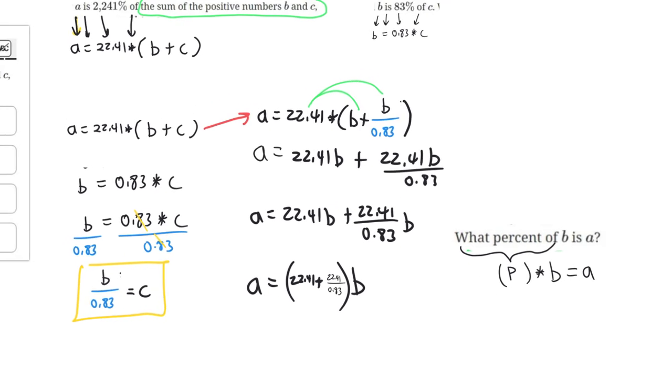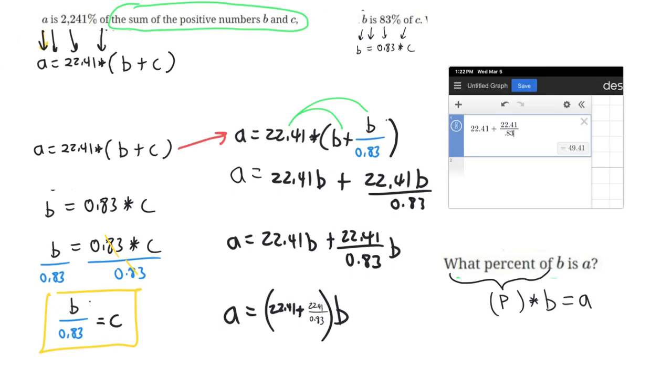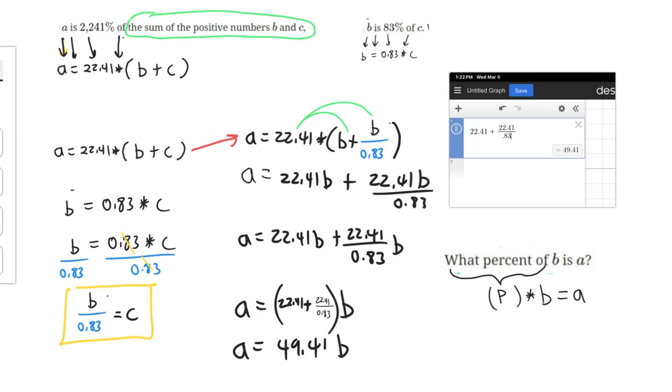Remember, our goal is to have A by itself and then mess with this until we have a number that is getting multiplied to B. Well, we're so close. So this is the part where I would use Desmos. I would literally be like, okay, 22.41 plus this equals what? So Desmos gave me 49.41. So this is A equals 49.41 times B. Now you could say, oh, okay, I found the answer.